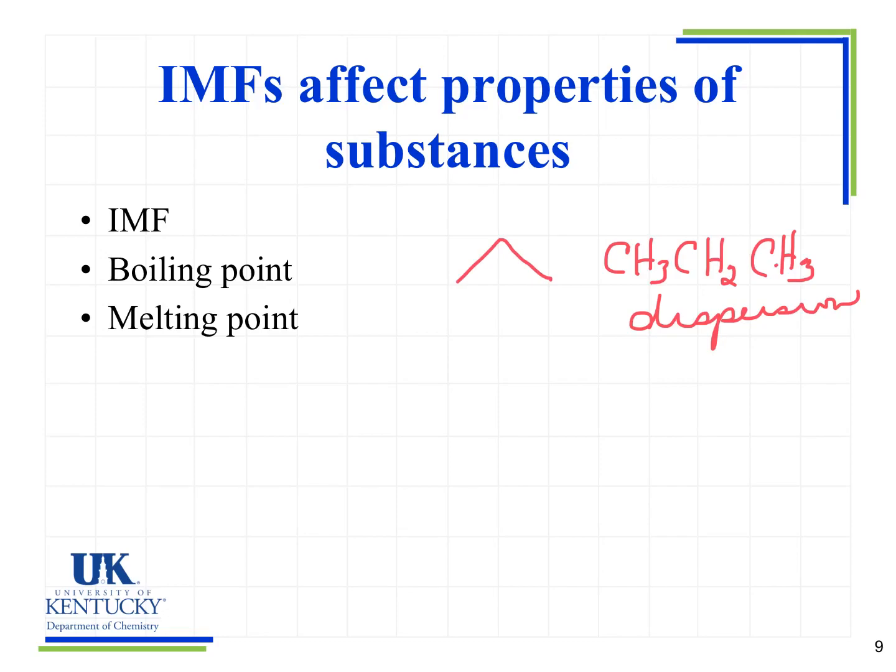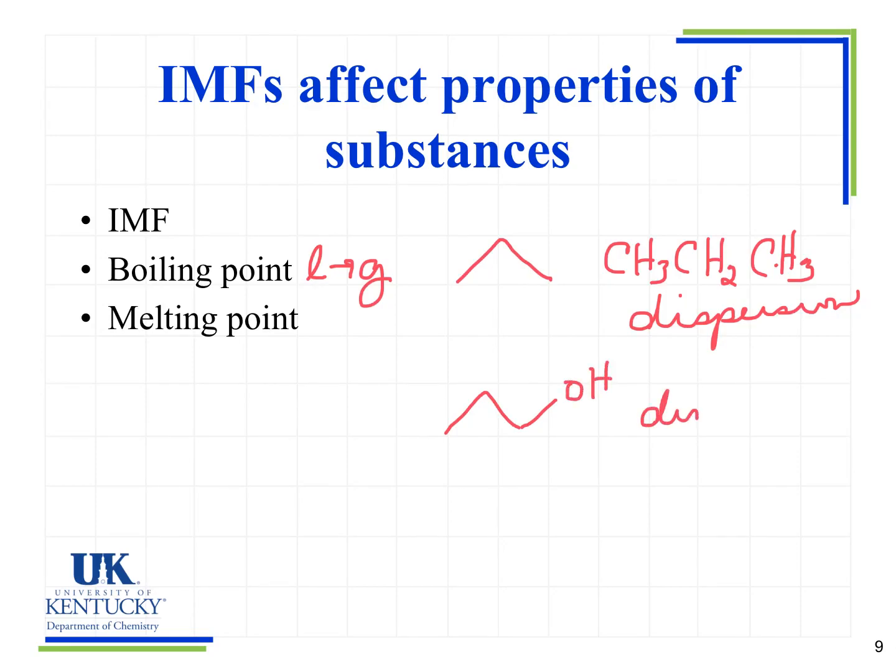Okay. And what we're going to see is that its boiling point, which is the point where it goes from liquid to gas, it's not a set temperature. It differs depending on the substance and the pressure, but it's the temperature at which something goes from liquid to gas. That's the boiling point. And what we see is that we only have dispersion forces compared to something like propanol, so adding an OH there on the end.